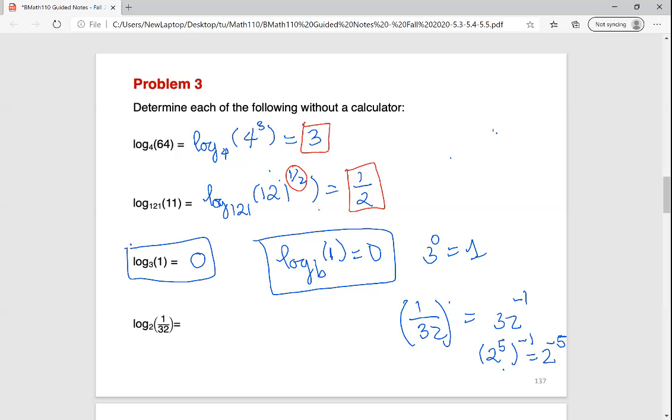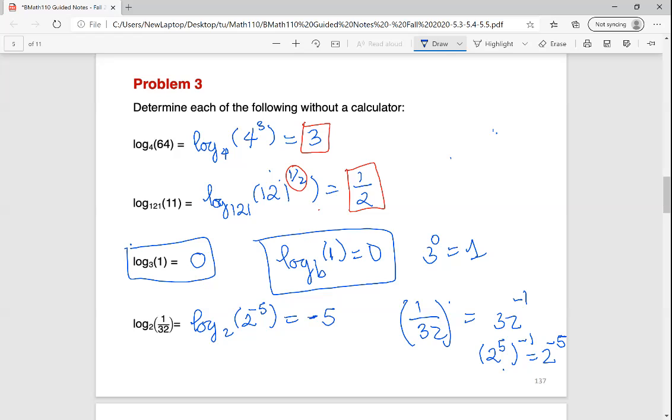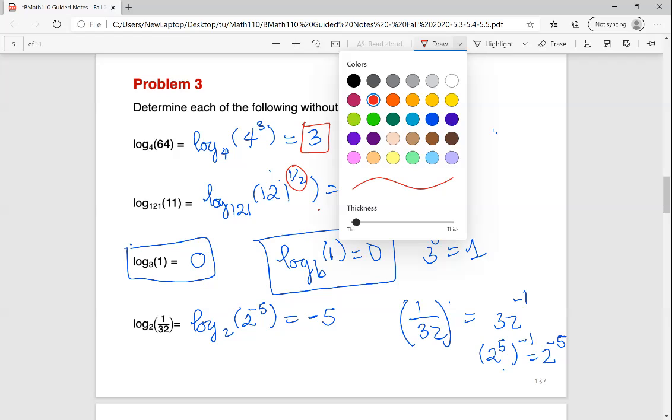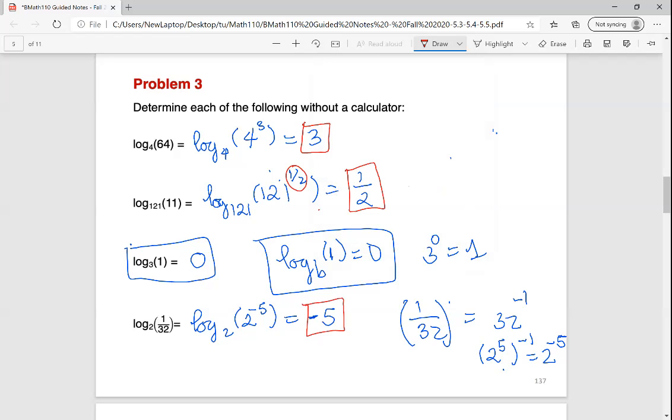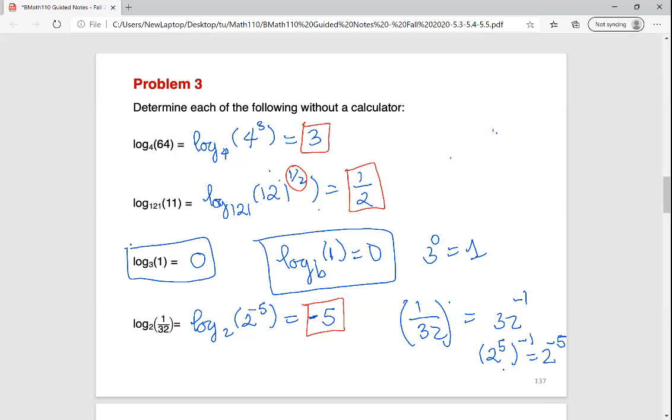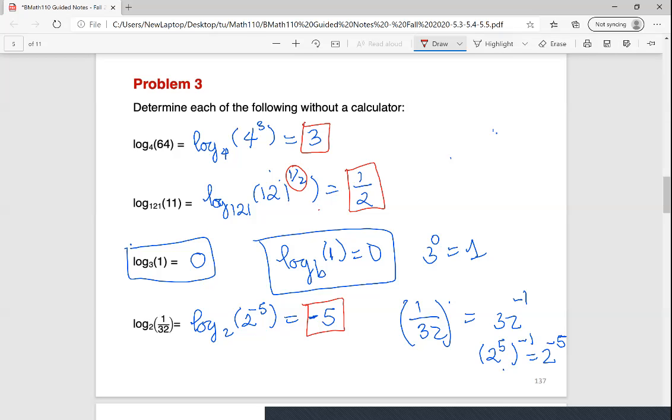And now you change this, log base 2 becomes log base 2 of 2 to the power negative 5, and it equals negative 5, right? So the answer has to be negative 5, because this is the exponent of the argument. Okay, so that should be problem number 3.